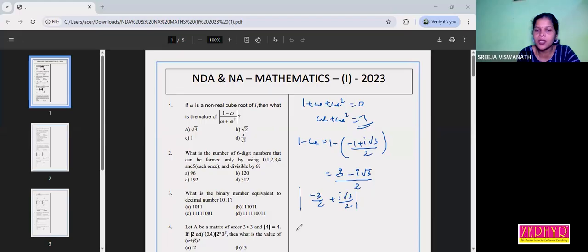What is the modulus value? Root of 9 by 4 plus 3 by 4, that is root 12 by 4, that is root 3. What is the answer? Root 3, right?